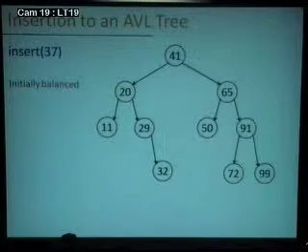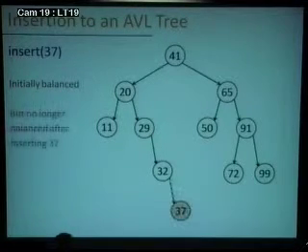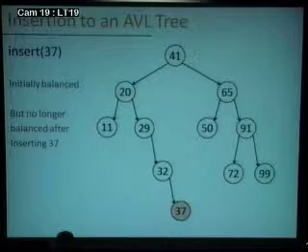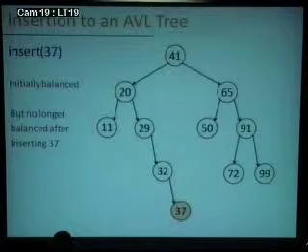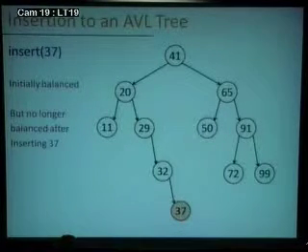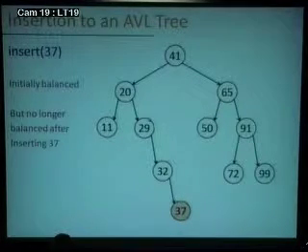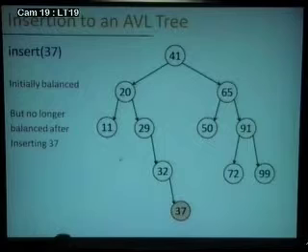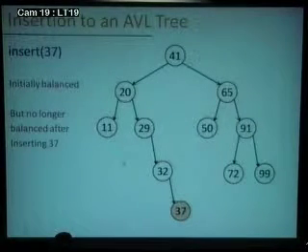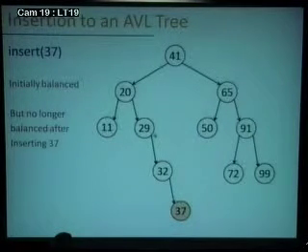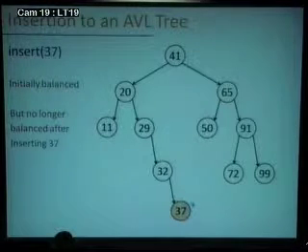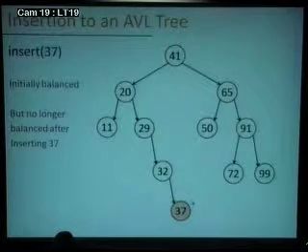Now I want to insert 37. Where will 37 be inserted? It will be at the right subtree of 32. See that once I do this, 29 is no longer balanced. 29 has 0 left subtree, nothing on the left, and has 2 on the right. So 0 minus 2 is minus 2.